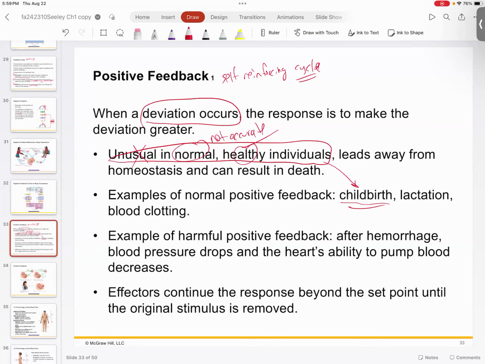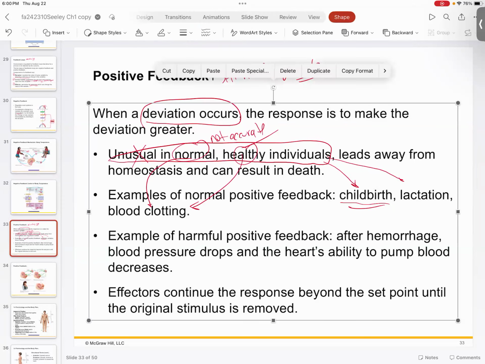In a normal healthy individual, lactation will occur, like when a woman is having a baby. In all people, whether they are man or woman, normal healthy individuals will also have blood clotting. Not only that, but if they don't have blood clotting, they will not be normal nor healthy. They will be dead. So really, this is not true.